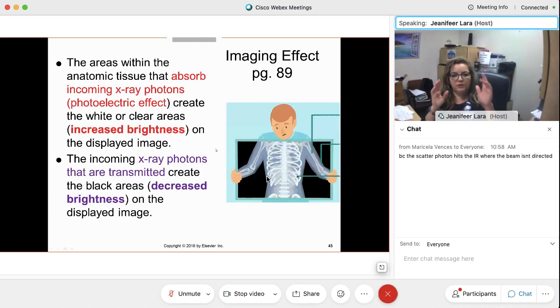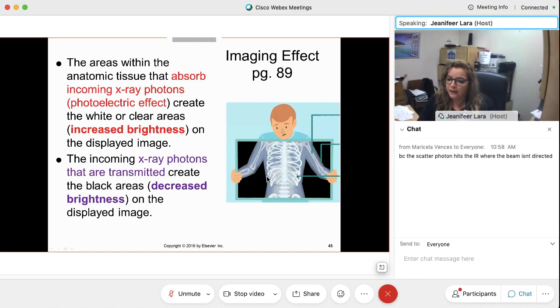So when we look at the areas within the anatomic tissue that absorb incoming X-ray photons, we know that to be photoelectric effect. We've discussed this over and over and over. We know that we're going to have a white or bright, increased brightness displayed on the image.